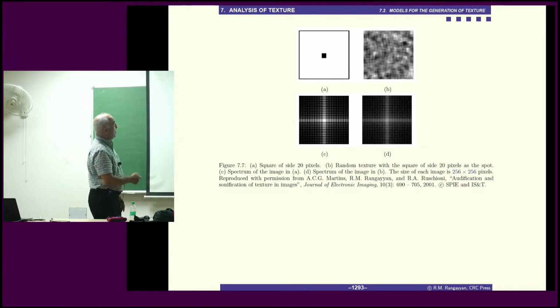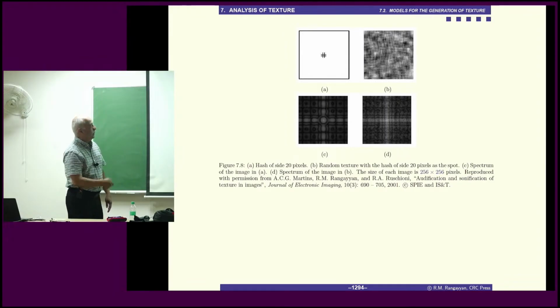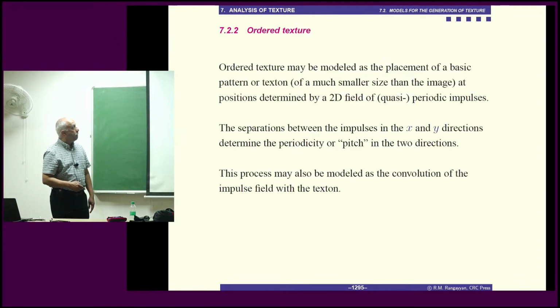It's a square patch, and that's the texture you get, the spectrum of the square, and this is the 2D sinc function. This was convolved with the same noise pattern, and the spectrum of this is essentially the same. Some hash pattern, and the texture, and this and that are essentially the same.